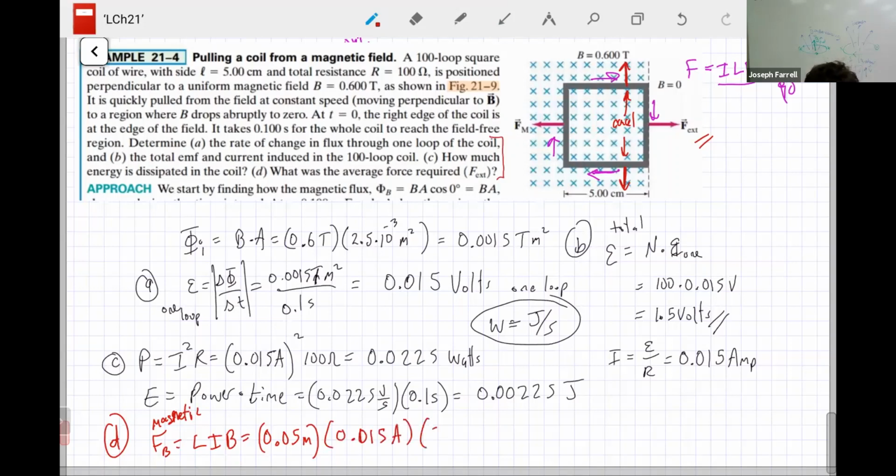And then the magnetic field, 0.6 Tesla. So those are all going to multiply to newtons. And we get very small, 0.00045 newtons. So less than a millinewton.